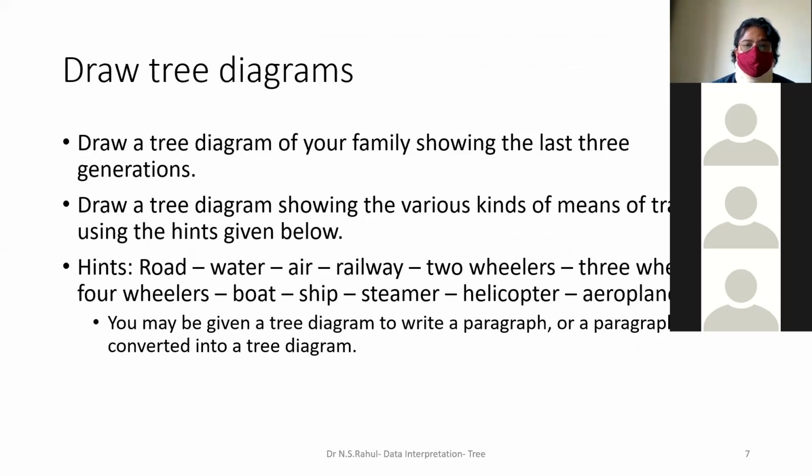See, these are the three things you are supposed to do now. First, you do the first one. Draw a tree diagram of your family showing the last 3 generations. Write this question in your notebook and draw the tree diagram.